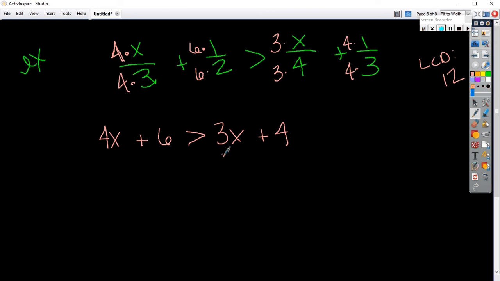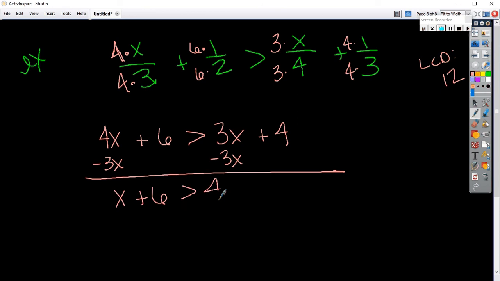Which one should I move? 3. So that gives me x plus 6 is greater than 4. Subtract the 6. X is greater than -2.